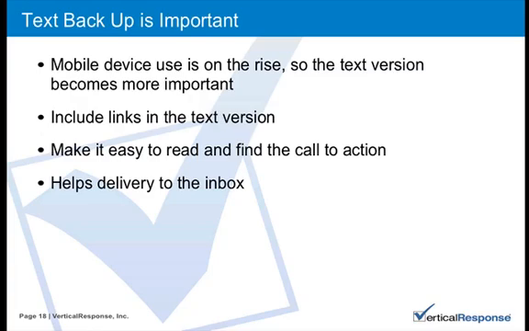Mobile phone use is certainly up in this country and really anywhere in the world, and not everyone has a smartphone. So there's still a number of people who are reading emails on their phone and they get the text version. So because of this, you want to make sure that your text version is something that's easy for your recipients to read, that the call to action is clear, that you have links for them to click on.